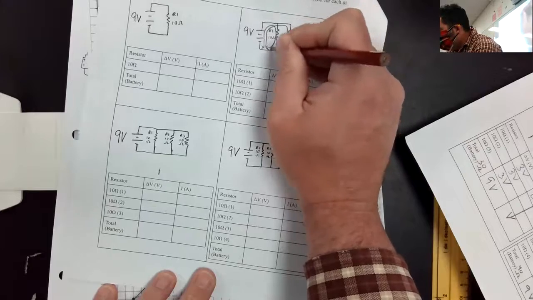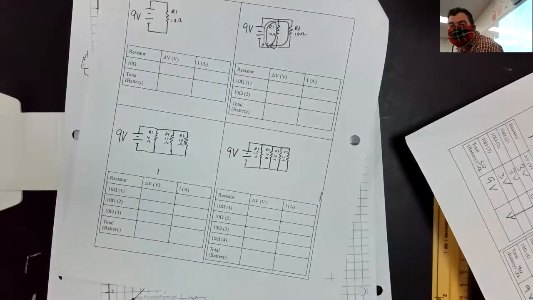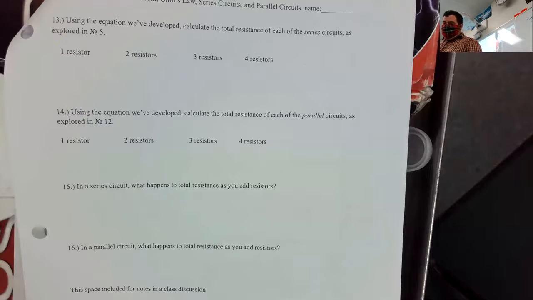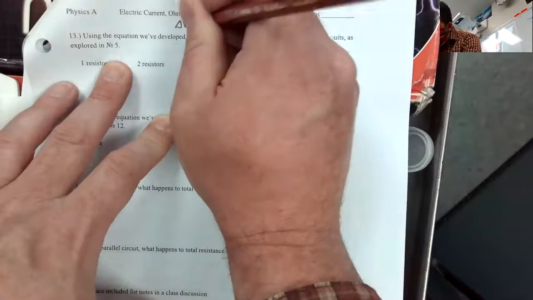Similarly here. So your values are going to be kind of different. Once you get to 12 and 13, it's going to ask you to use Ohm's law. With the series circuits from number 5 and the new parallel circuits in number 12, it's going to ask you to solve for total resistance.